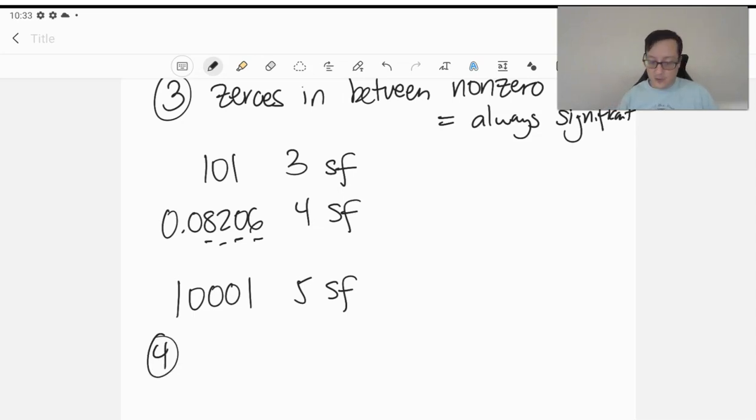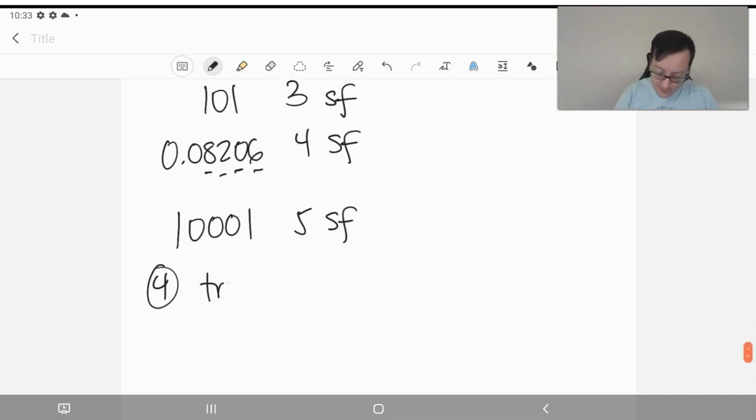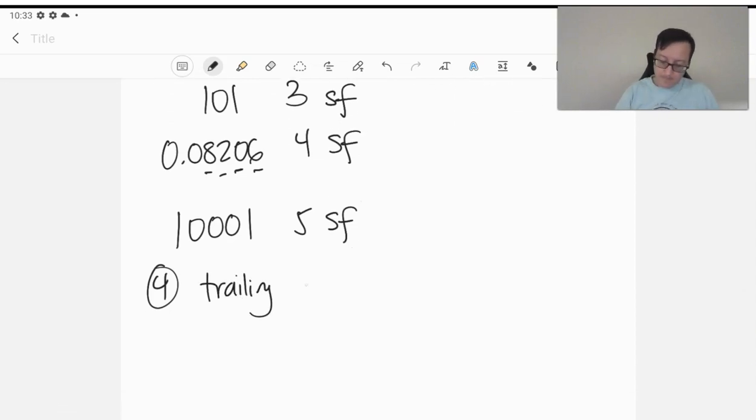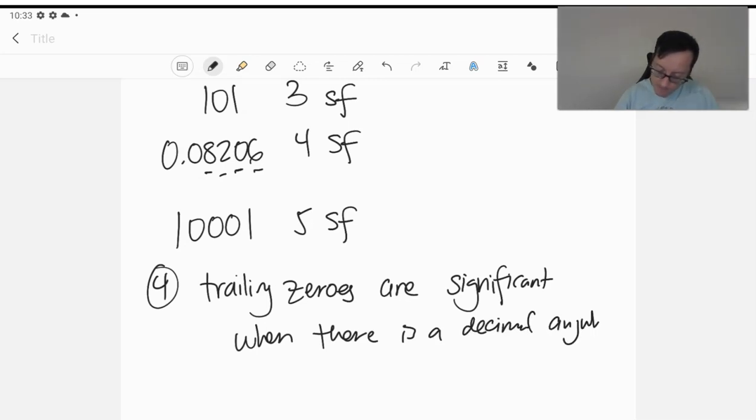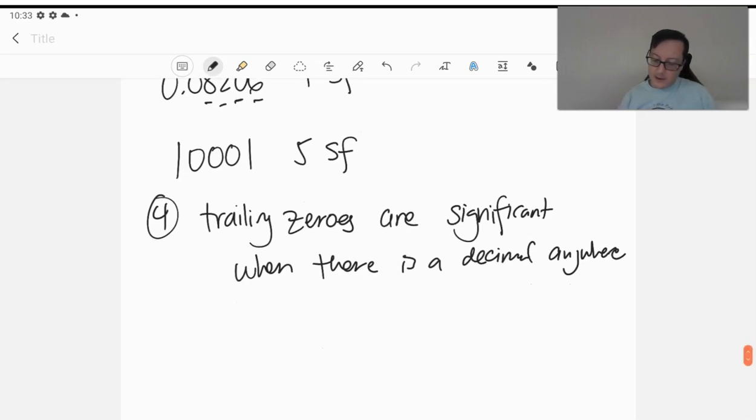And the last rule is trailing zeros. Trailing zeros are significant when there is a decimal anywhere in the number.